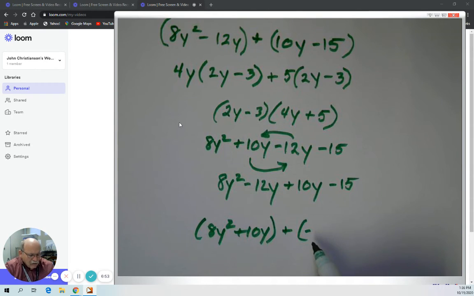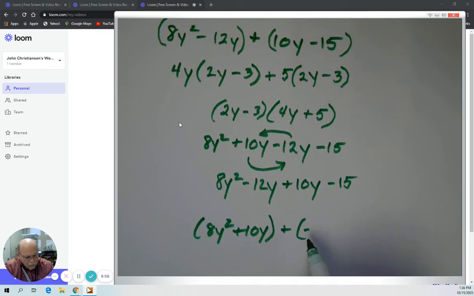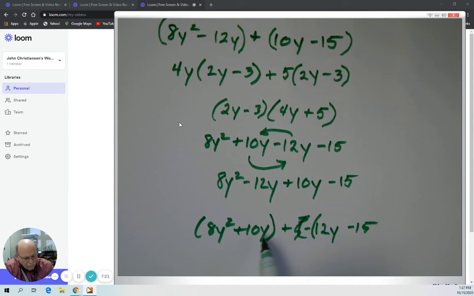Now here's the thing: I'm going to either make this negative 12y in parentheses, but I really don't want to do that. So I want the parenthesis to go here, right? And minus 15. And then what do I get? Well, first of all, the common factor here is 2y, right? And what do I have when I take that 2y out?